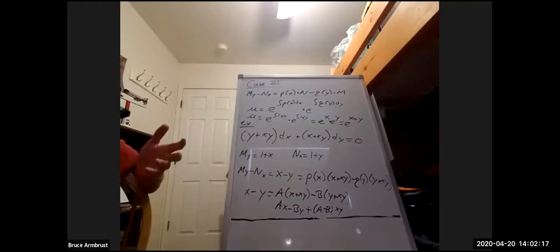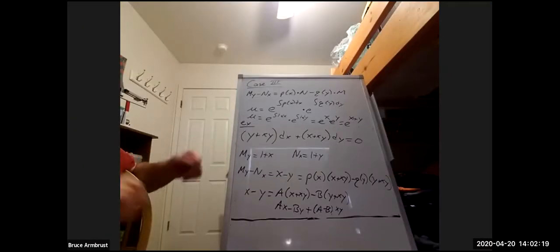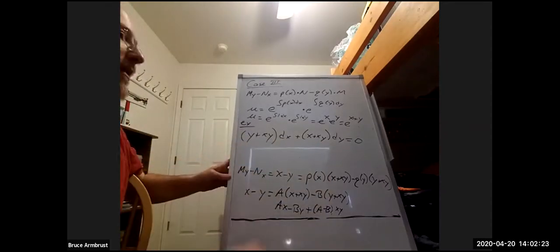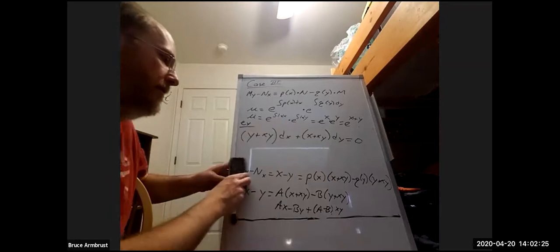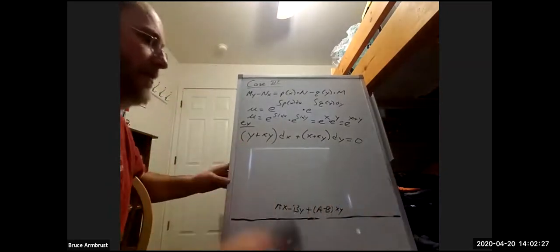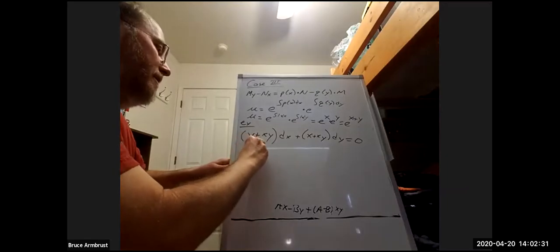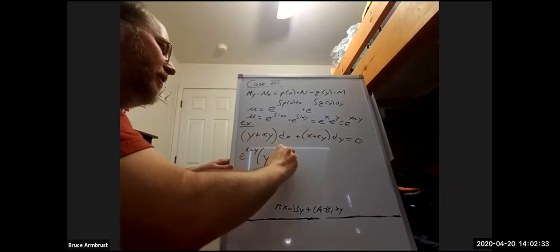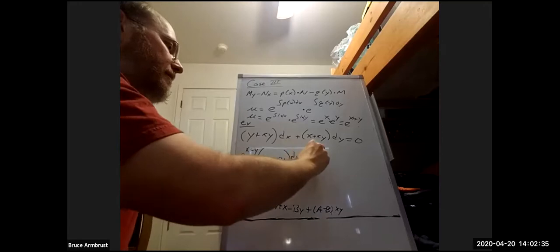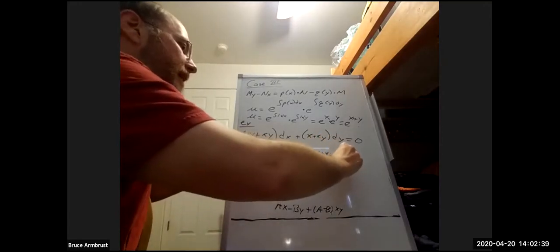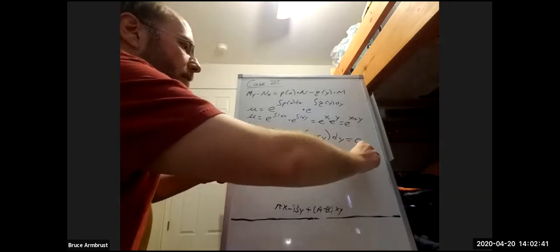So there's our mu. So let's rewrite this differential equation with that mu as a multiplier. So we're going to have e to the x plus y times y plus xy dx plus e to the x plus y times x plus xy dy.